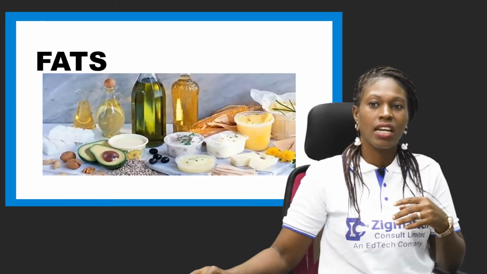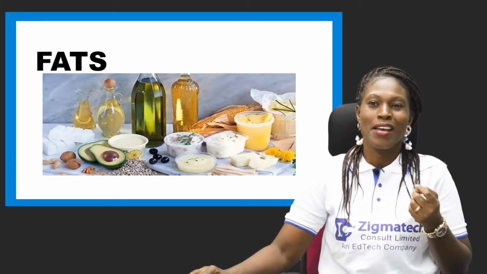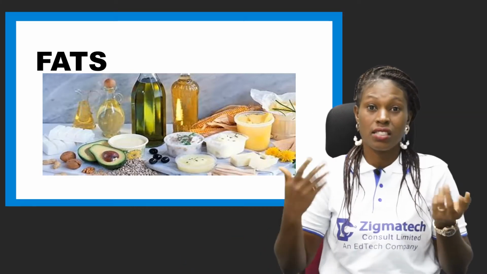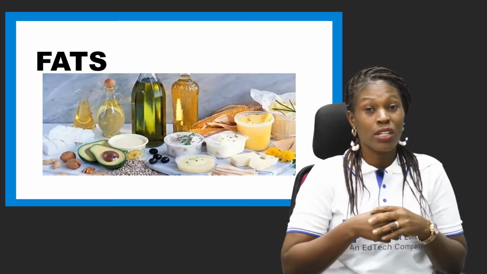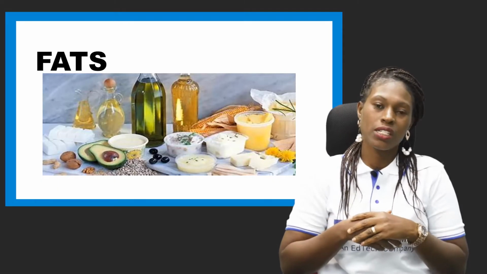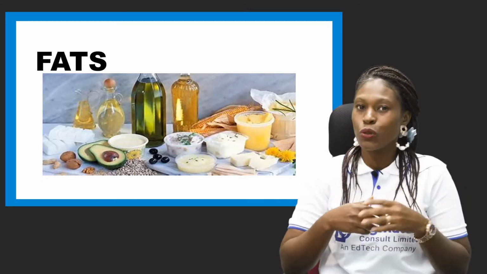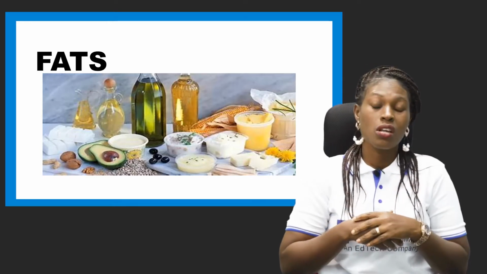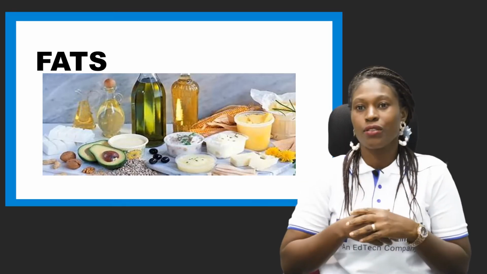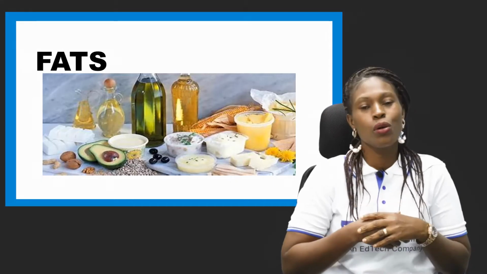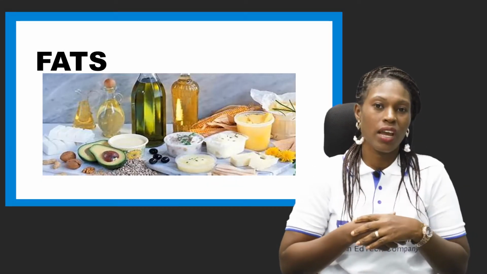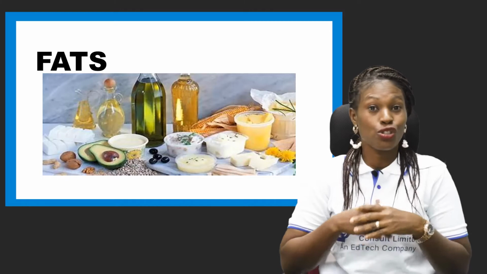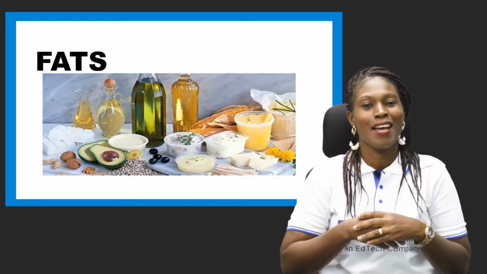The next nutrient here is fats and oil. Fats is one nutrient too that is fairly needed in the body. We need them in large quantity. If you remember, we talked about macro and micronutrients. So fat is one of those macronutrients that we need for growth. We need a whole lot of them in our diets, but not forgetting that you do not have to take a whole lot of them either.